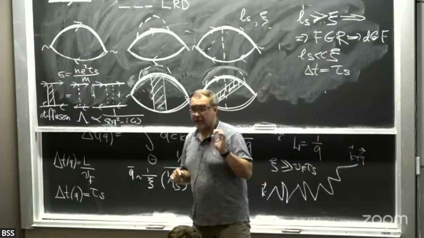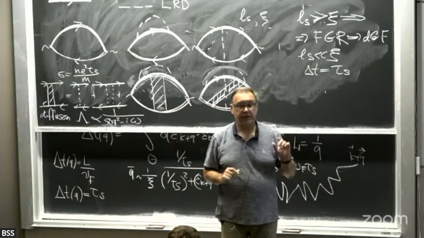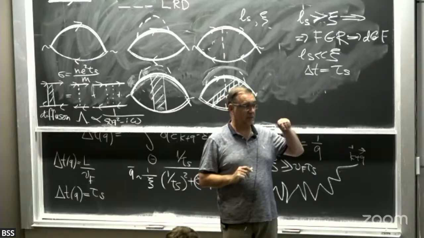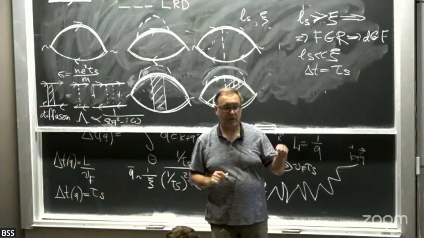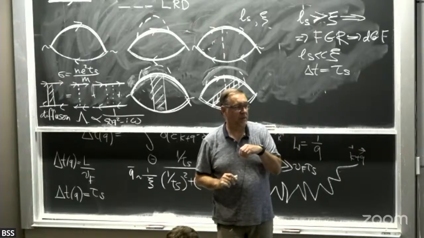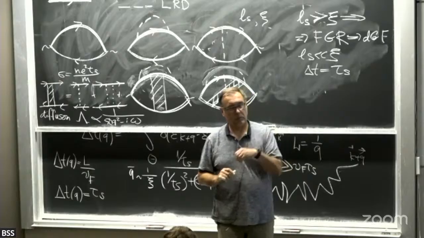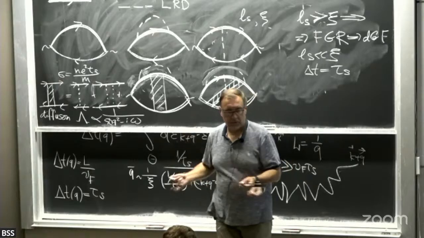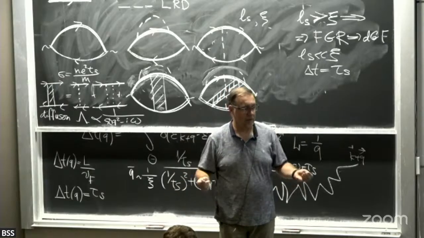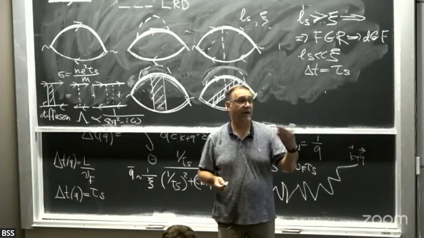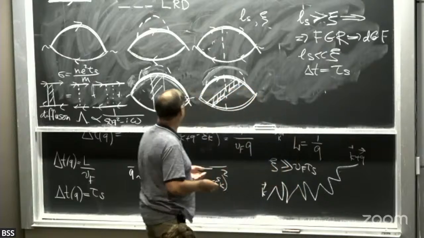The moral of the story is that diffusive electrons, by the nature of their slow motion, are more susceptible to any external perturbation than ballistic electrons. And external perturbation can be long-range impurity scattering, or it can be electron-electron interaction. Diffusive motion amplifies everything.